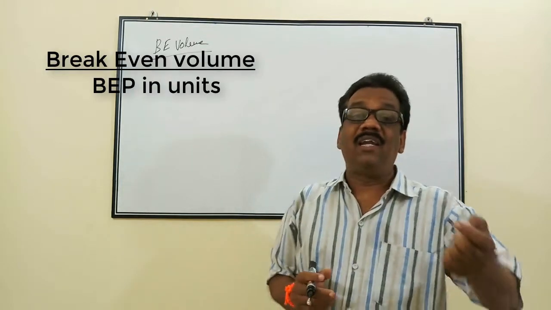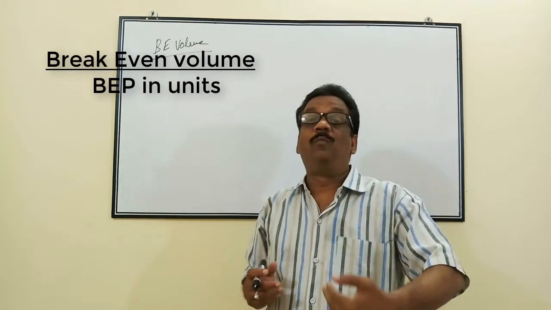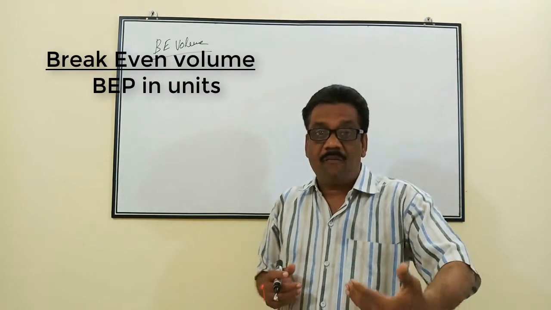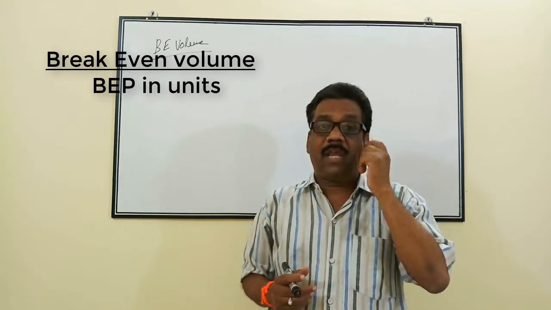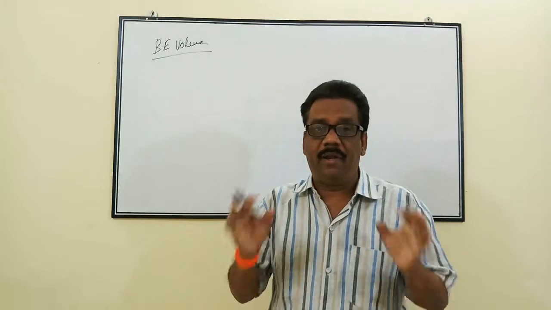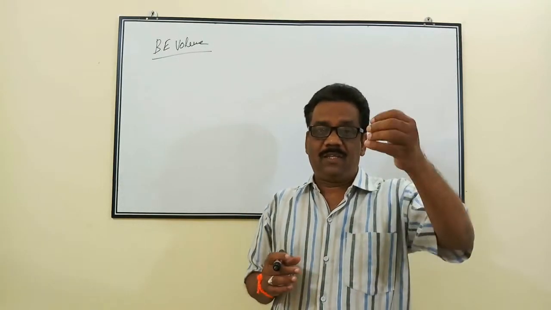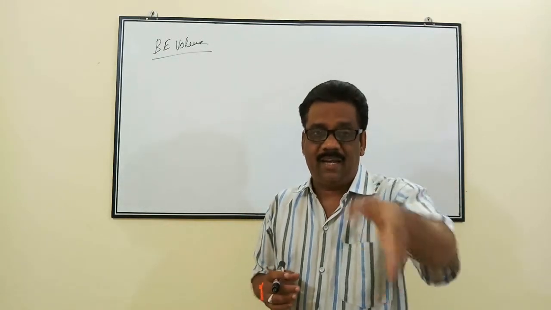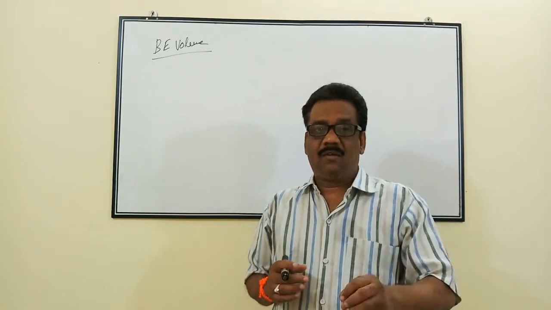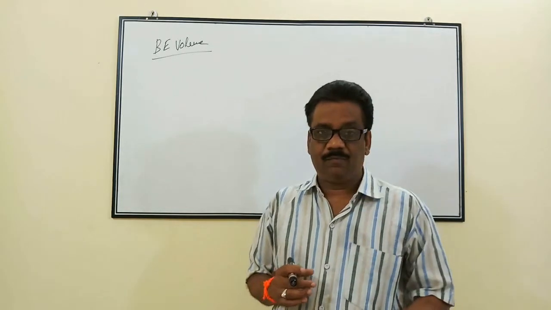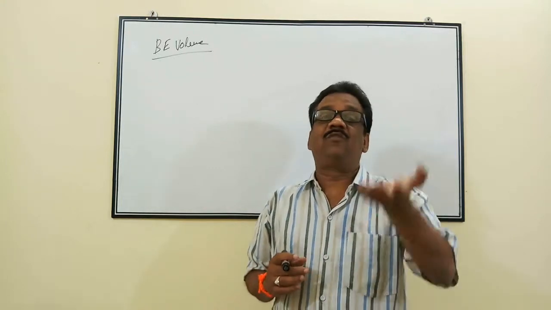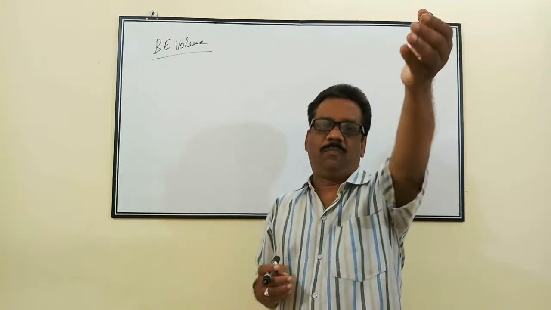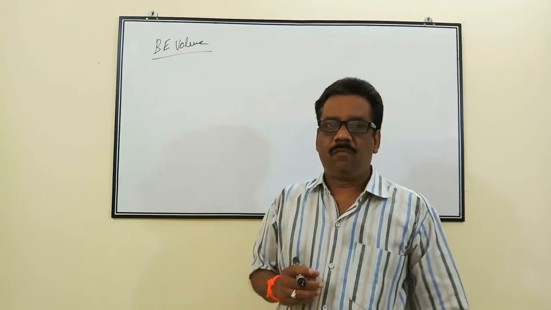What does it explain? It explains how many units a firm has to attain to reach break-even or no loss point. If a firm's break-even is set as 50,000 units, it explains that if the firm attains 50,000 units, it will reach break-even.